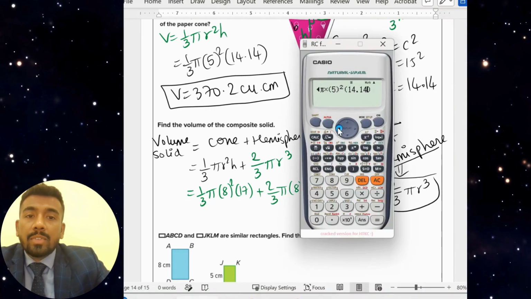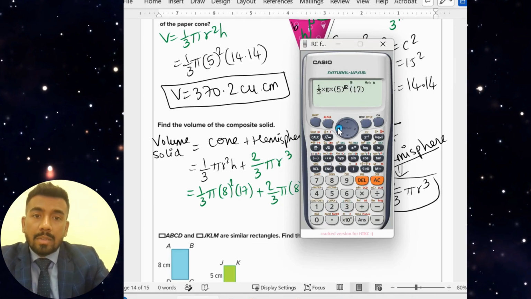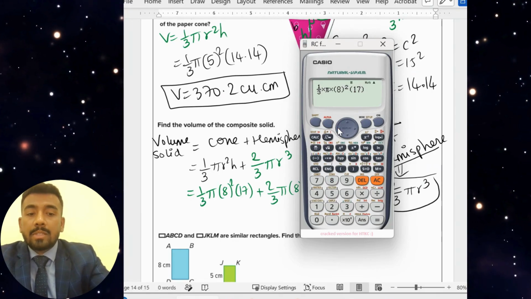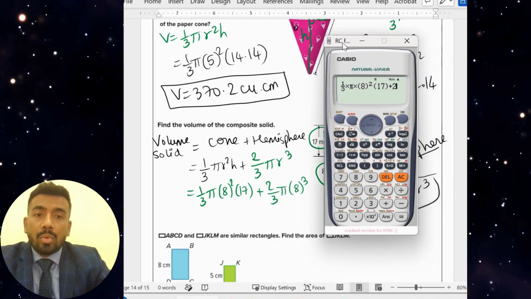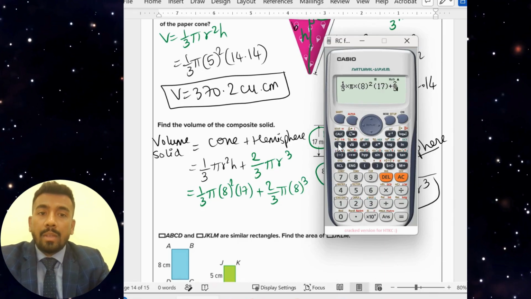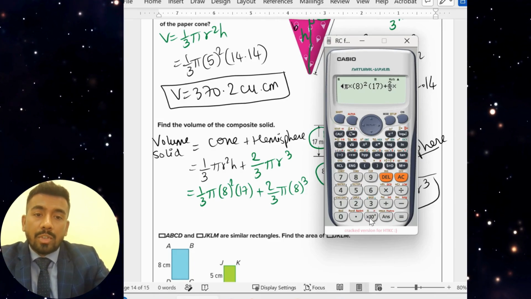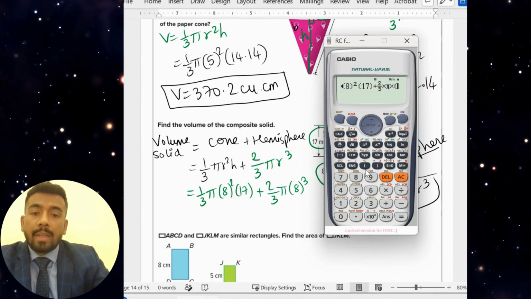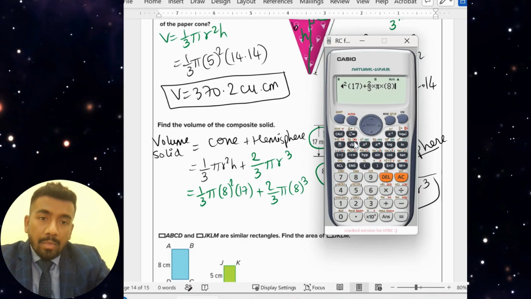We already have some of the terms, 17, because this reduces our work. After that you have plus 2 over 3 times pi, that's your shift pi, times bracket 8 close bracket power 3.